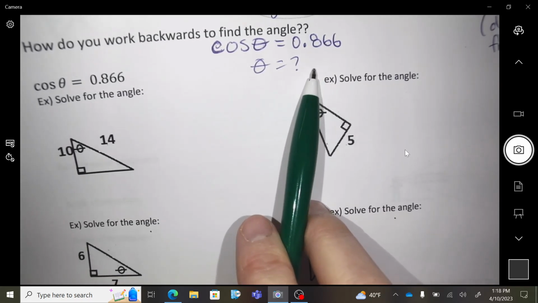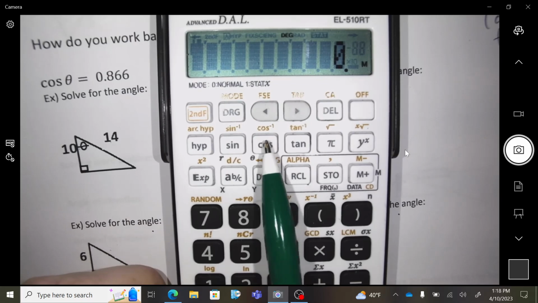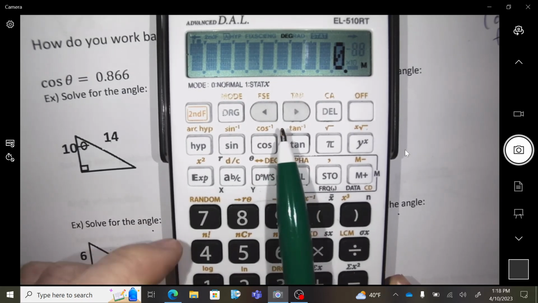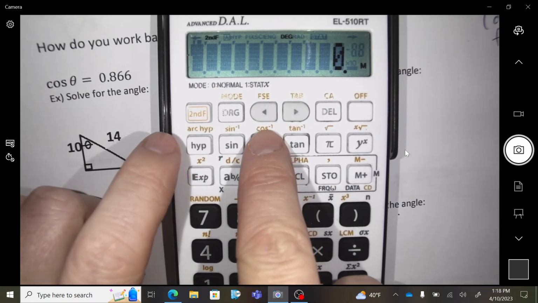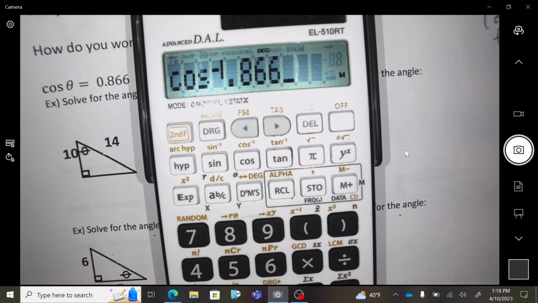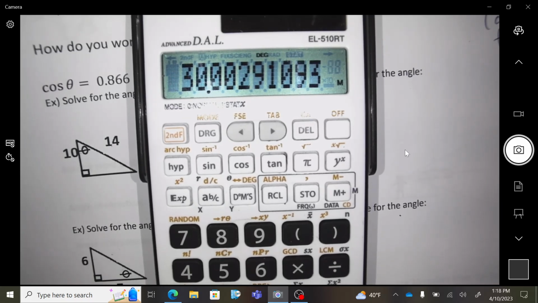How do I get back to the angle? Now the button on your calculator is going to be cos inverse. So can you push second, shift, cos 0.866? It's going to go from a trig value back to the angle, 30 degrees.